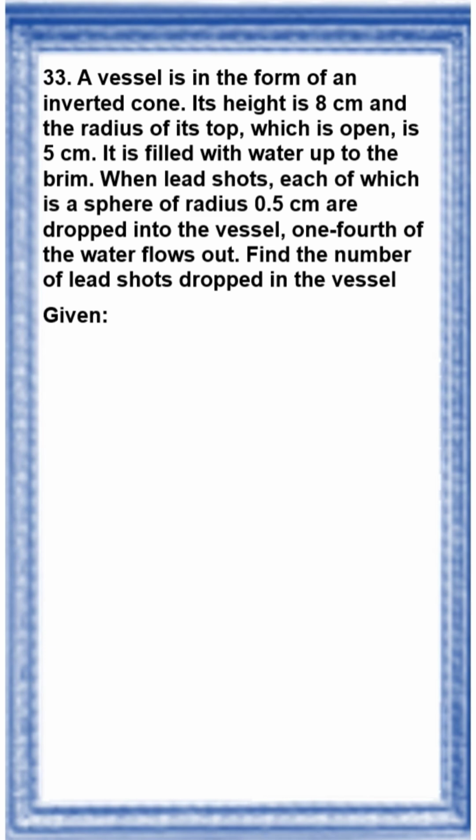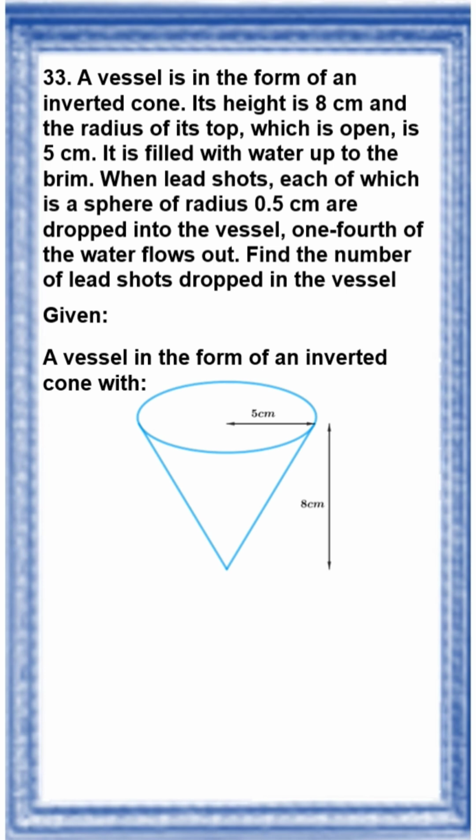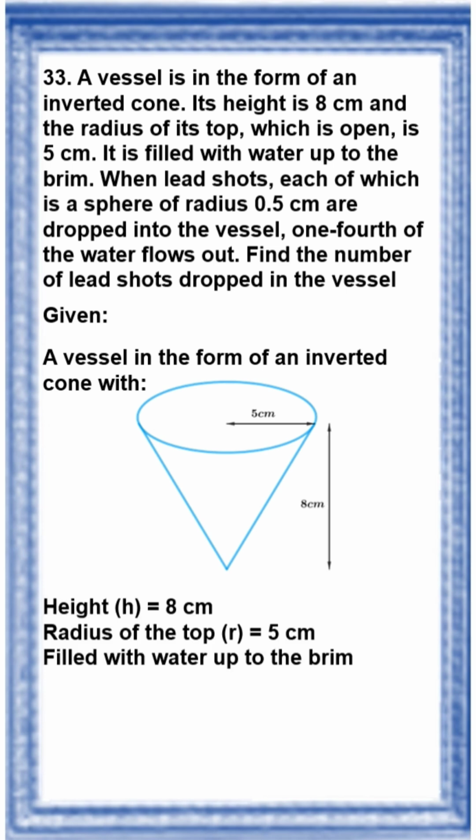What has been given here? A vessel is in the form of an inverted cone with height 8 cm, radius of the top 5 cm, filled with water up to the brim. Means volume of the water is equal to volume of the cone.